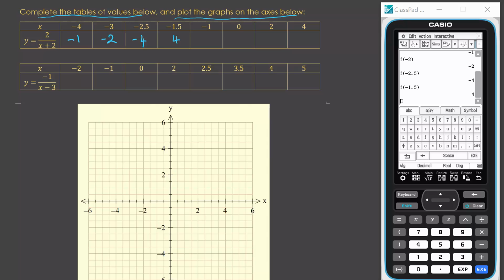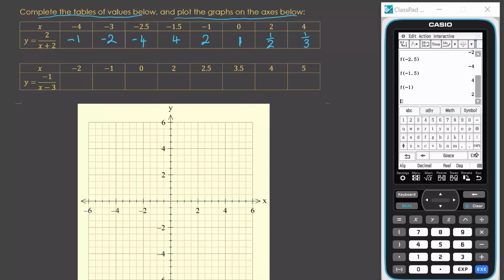I'm going to do f of -1. That's going to give me 2. F of 0 is clearly going to give me 1. F of 2 is going to give me a half. And f of 4 is going to give me 1/3.